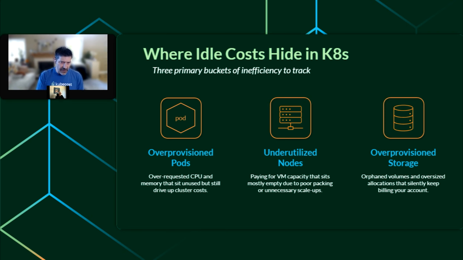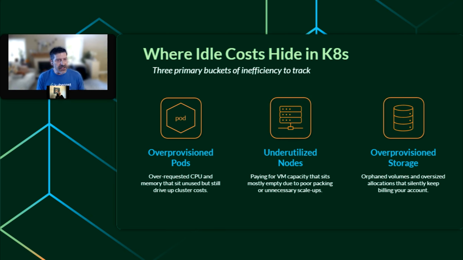And then this last area, over-provisioned storage or oversized persistent volumes, those things also keep billing, even when the workloads that were utilizing them are long gone. And these are the types of things that don't necessarily just clean themselves up when you decide to destroy a cluster, or get rid of the core components of an environment.